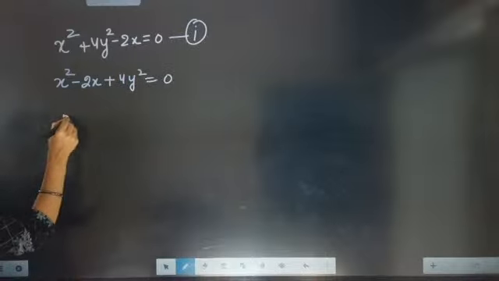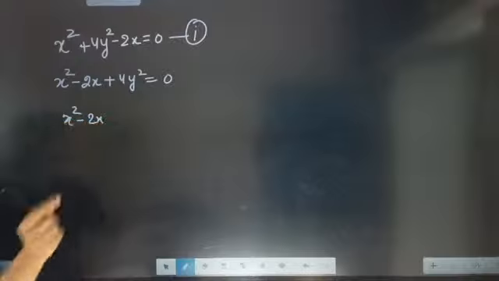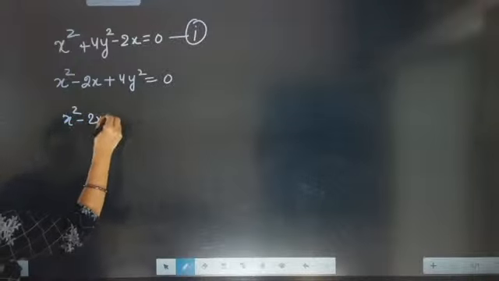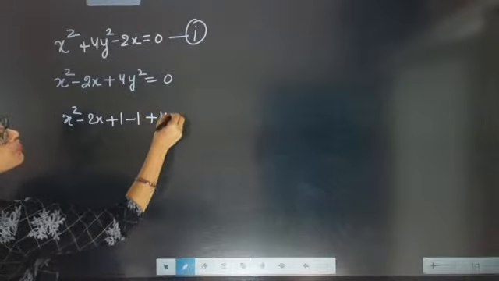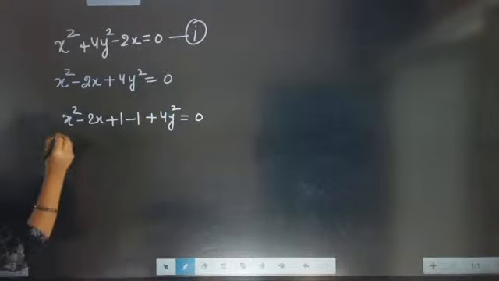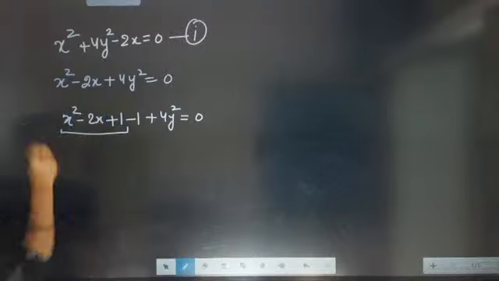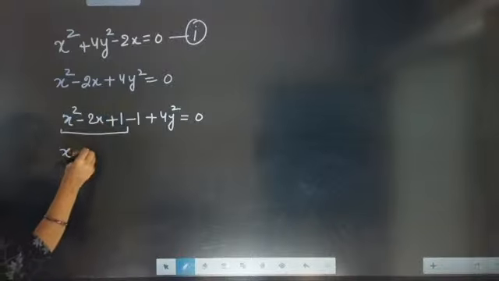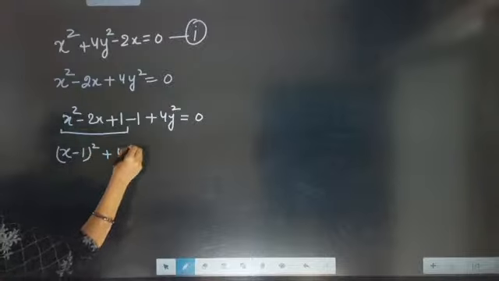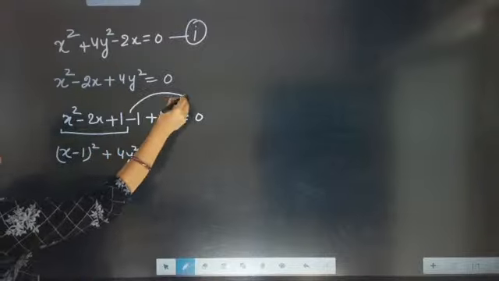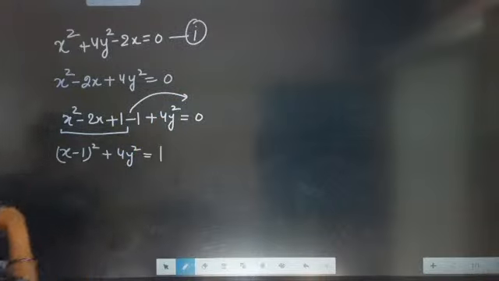Now for x square minus 2x, to convert it into a complete square, I am adding 1 and subtracting 1. And then 4y square equal to 0. Now it is going to become x minus 1 whole square plus 4y square, and this minus 1 I shifted to this side. So now it is coming as 1.